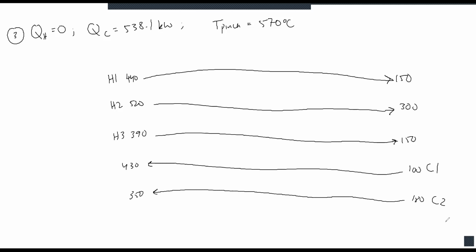And then finally C3 was from 200 all the way to 400.